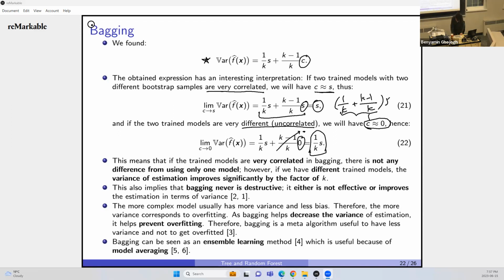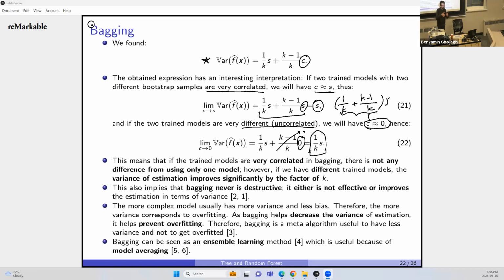Now let's compare equations 21 and 22. It says that if two models are very similar to each other, the variance of estimation of the aggregated model averaging becomes S. However, if they are very different from each other, it becomes 1 over k times S. So if there are k different models, it's better for me, because the variance of estimation will be divided by k.